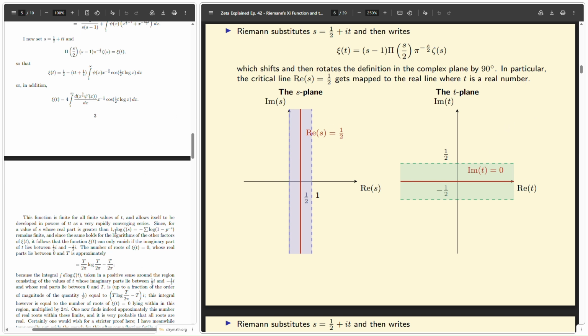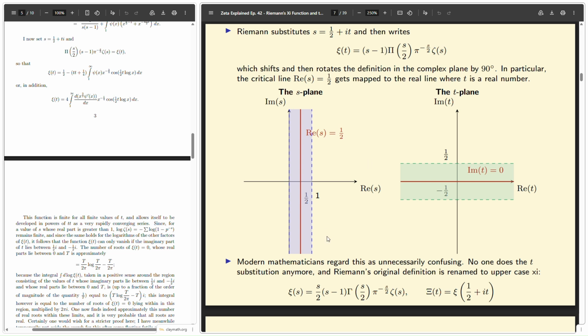Okay, so in a lot of this text that we're going to follow, Riemann refers to real numbers of t, but he's really talking about the critical line that modern mathematicians would call it. And in particular, modern mathematicians regard this as unnecessarily confusing. So no one does this substitution anymore. And Riemann's original definition is renamed to the uppercase xi.